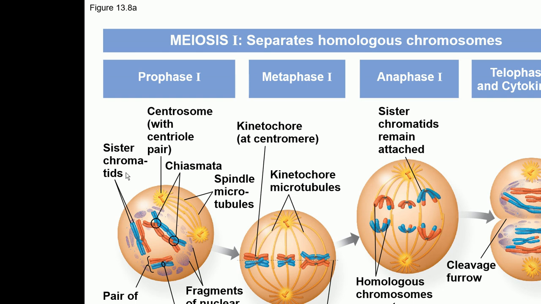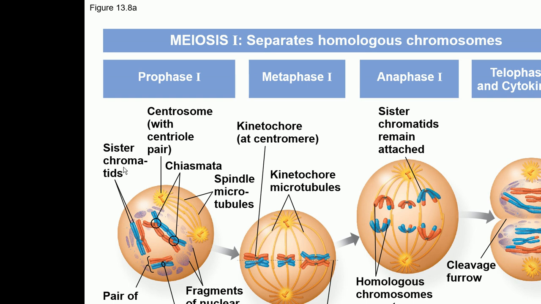Every chromosome has 2 sister chromatids, because this cell has already passed through interphase, and in interphase there was the S phase, the synthesis phase, where the duplication of DNA has taken place. You can see these are the 2 arms of the chromosome, and these 2 blue arms are called sister chromatids. And in this red chromosome, these 2 arms are called sister chromatids.